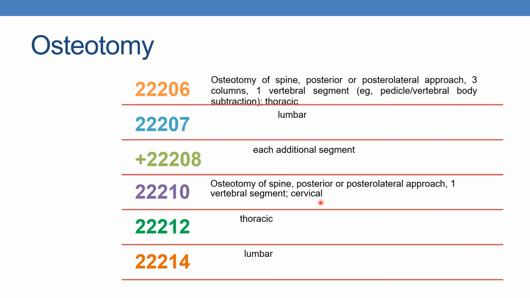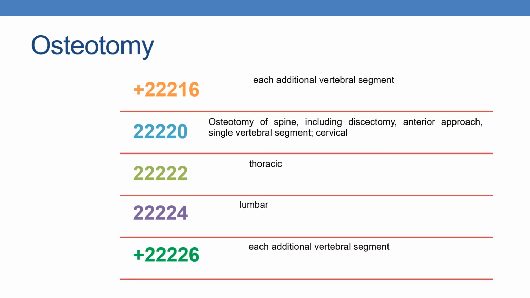And for the thoracic region, you need to report 22212, and for lumbar, you need to report 22214. And add-on code plus 22216 for each additional vertebral segment. The code 22216 should be used in conjunction with 22210 or 22212 or 22214.